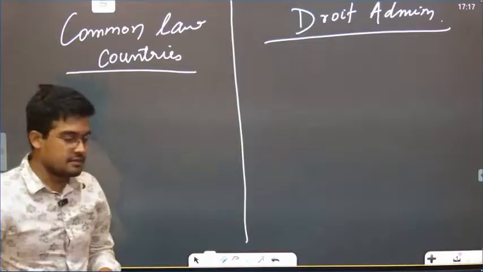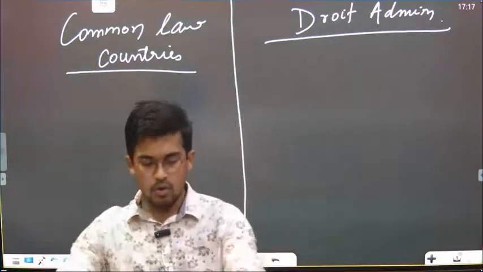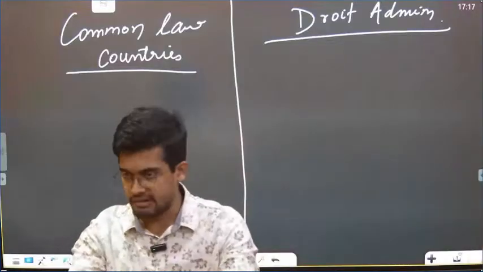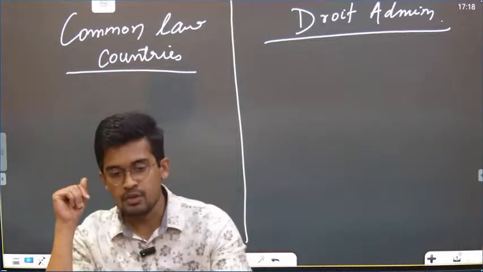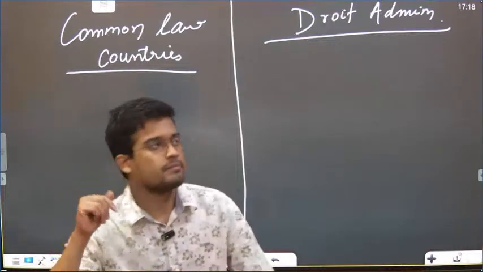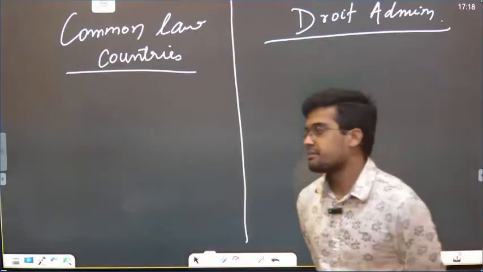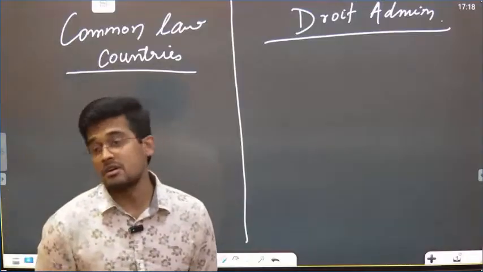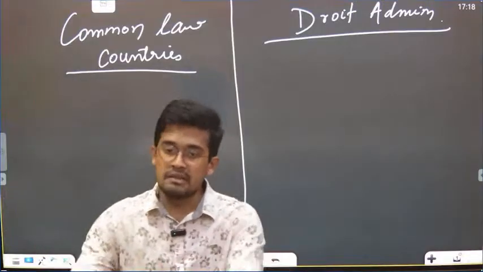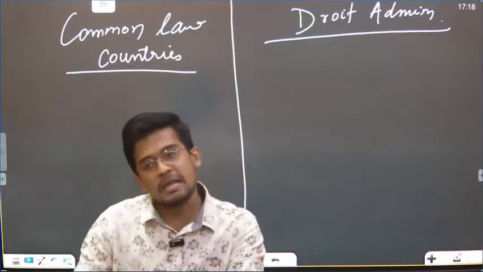Now understand the difference: there are two kinds of law systems. One is the common law countries, like India, UK. Why are these called common law countries? Because these countries' laws are not different for different individuals. There is one law, the constitution applies to everybody.